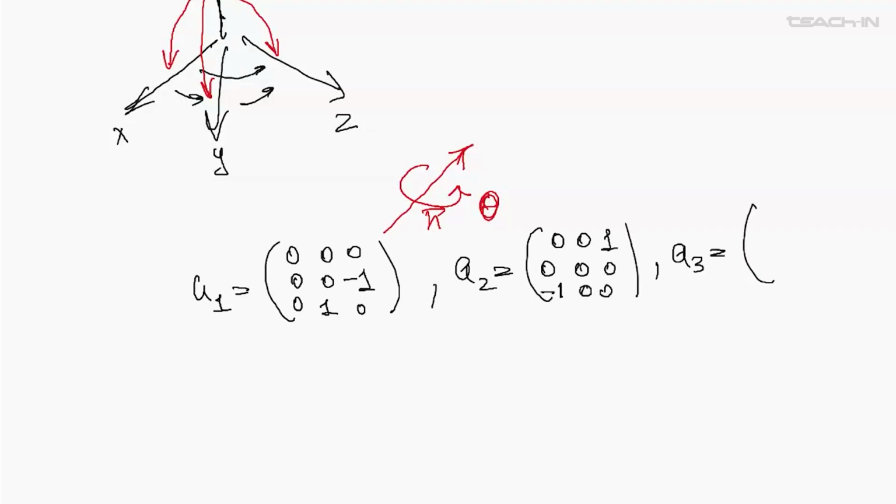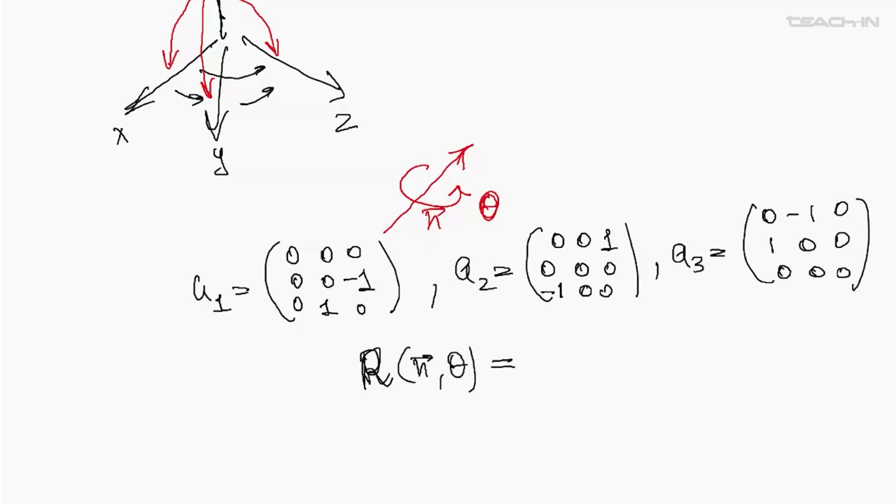Then such a transformation is described by a matrix R depending on n and angle theta, which is simply the exponential of theta multiplied with the scalar product of n with vector A. And vector A comprises these 3 matrices, A1, A2, A3.